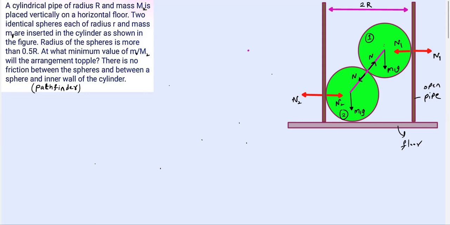Let them make an angle theta. Let this length be x, and this length will be smaller.